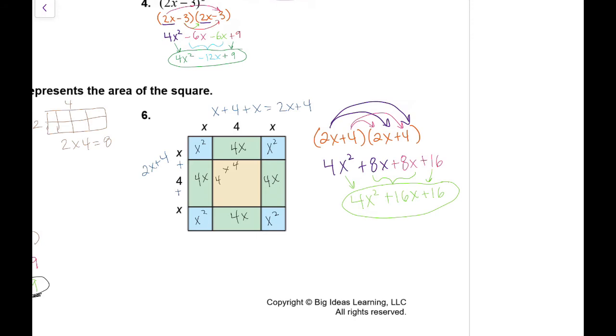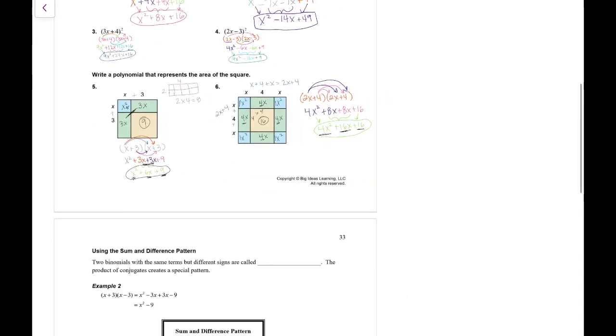And then on that middle square, the tan square, I have 4 times 4, which ends up giving me 16. So my final answer there will be 4x squared plus 16x plus 16. So you get that same answer either way, with the area model or by doing it by hand.